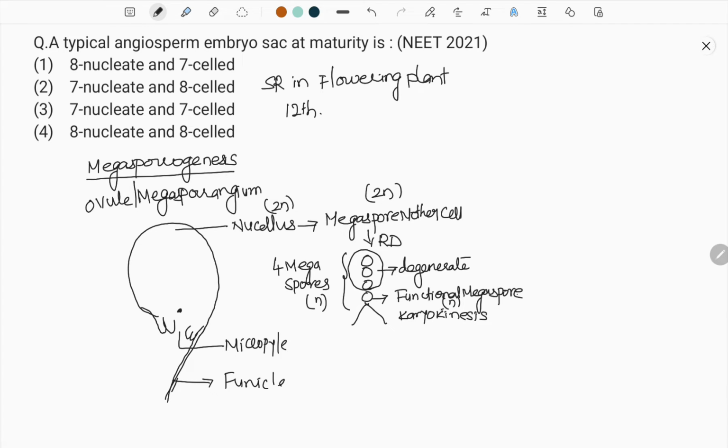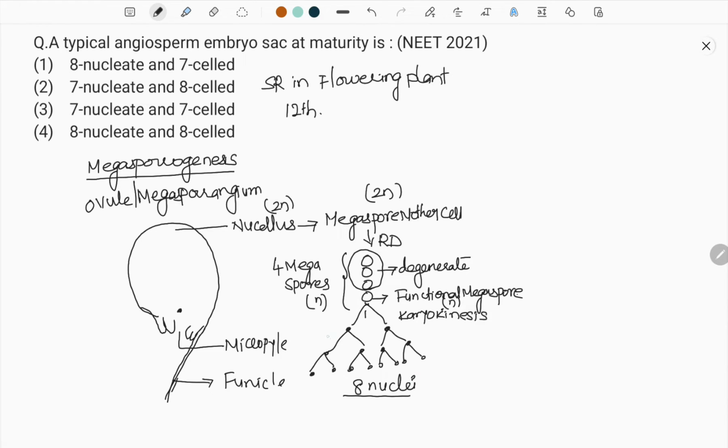Due to the first karyokinesis, 2 daughter nuclei are formed which are haploid. Further they undergo second karyokinesis and form 4 nuclei. Then they undergo a third karyokinesis and form 8 nuclei. These 8 nuclei are formed by karyokinesis that takes place 3 times.